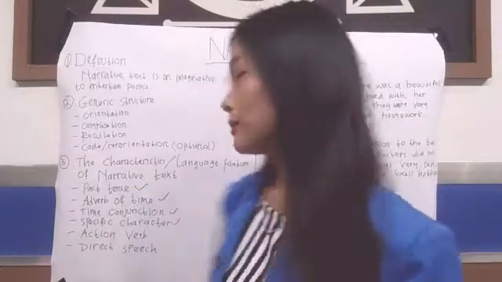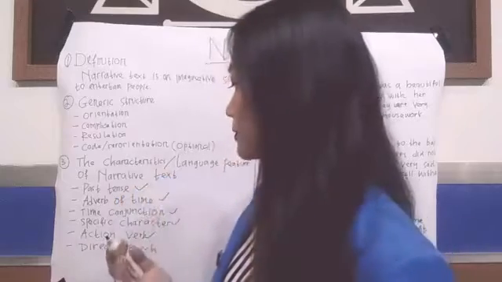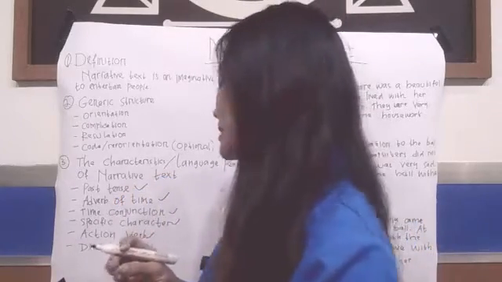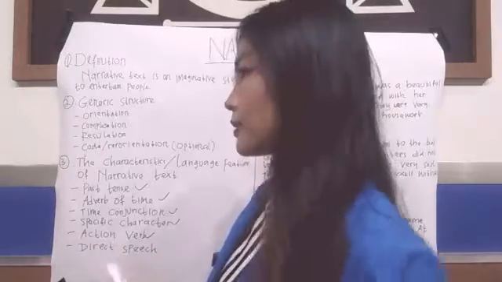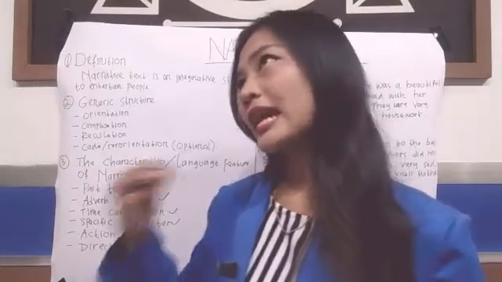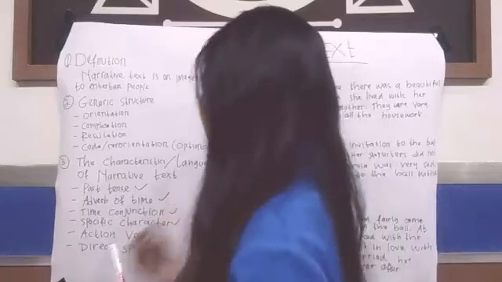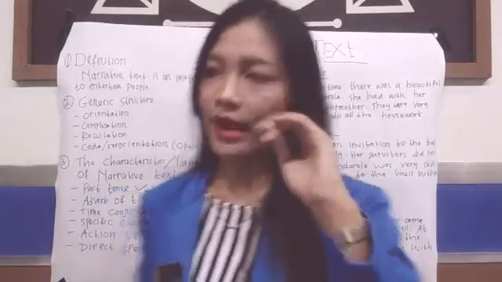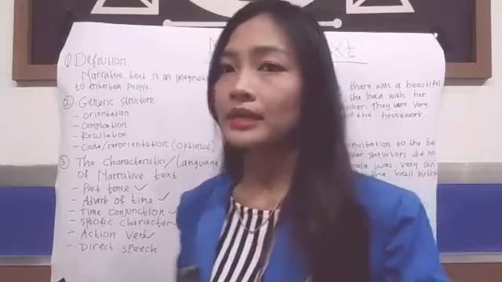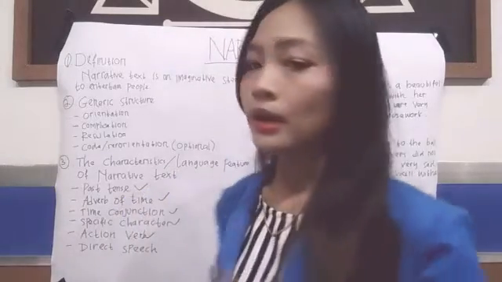Action verb is a verb that shows action in the story. And direct speech. Direct speech is used to introduce, for example, "My name is Cinderella." This is an example. Okay.